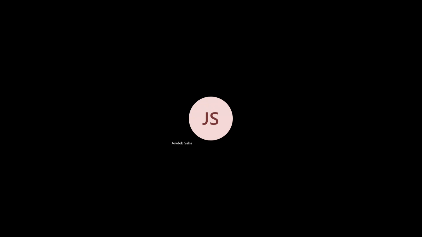And y(t) is e to the power minus 2t. So Y(s) is equal to 1 upon s plus 2. Okay.